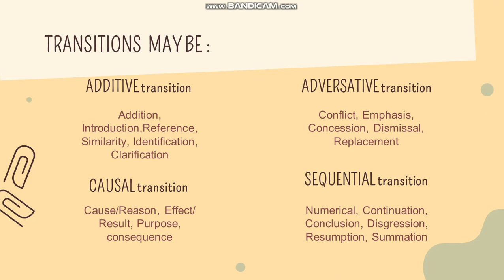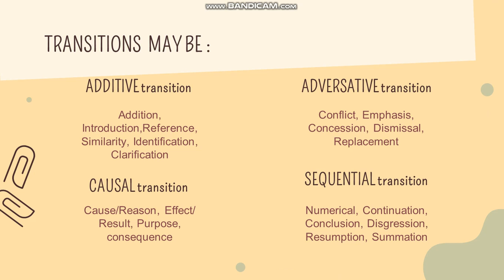And then adversative transition: conflict, but, where, while, whereas; emphasis, even more, above all; concession, but, even so, nevertheless; dismissal, either way, in either event; replacement, at least, rather, instead.